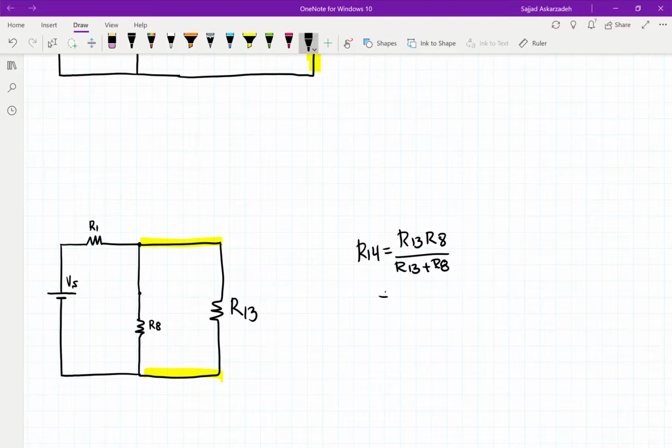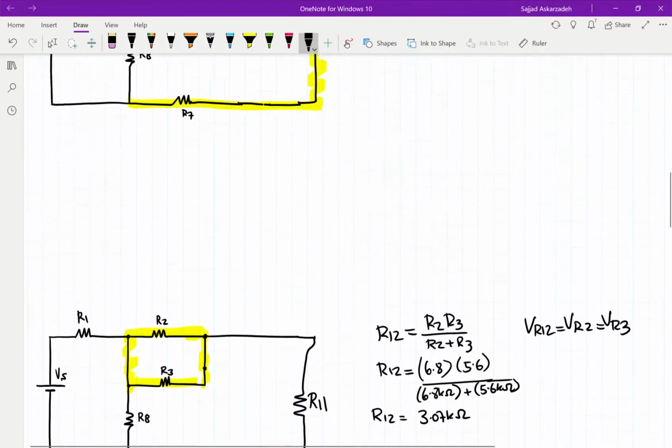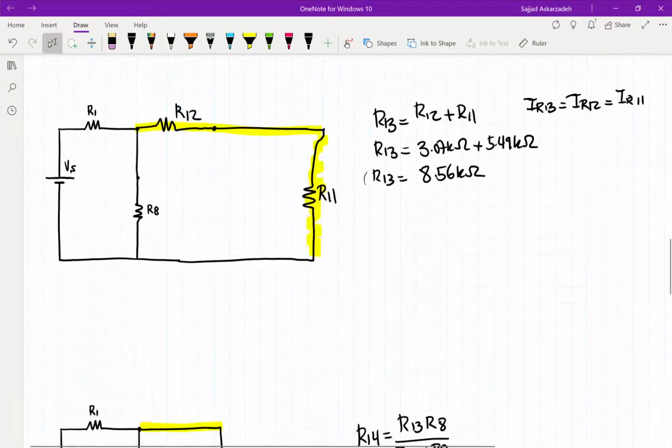R13 is 8.56, and R8 is from the problem. It's 4.7 kiloohms. We can extract that from the problem.